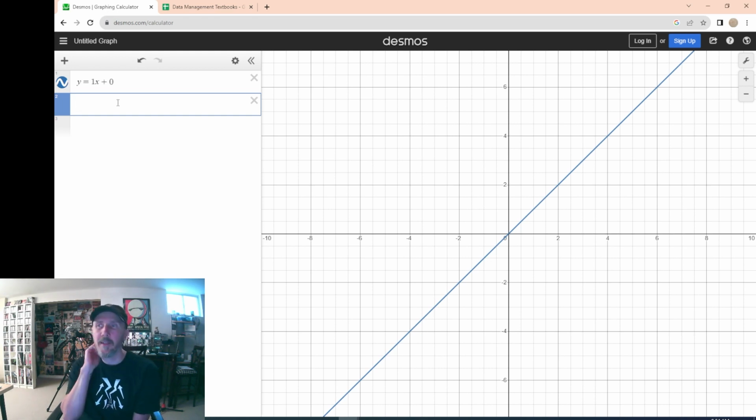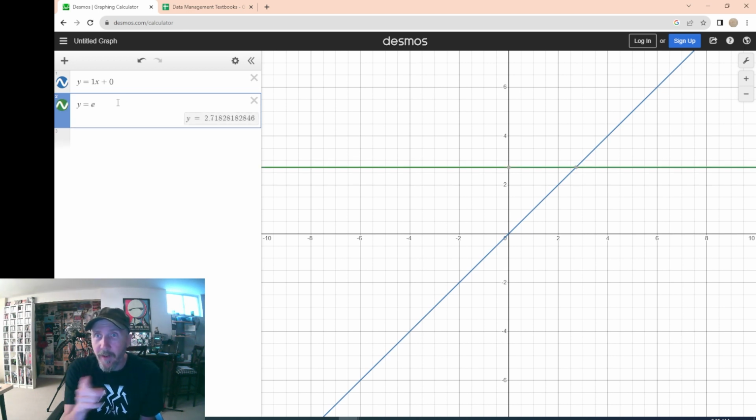I'm going to put in an exponential equation. Actually, I'm going to use this one. I don't even know that Desmos can do this. It's called the natural logarithm. Let me see. Oh, it did it. So there it is. E is a value kind of like pi, where pi is 3.14 and the decimal keeps on going forever.